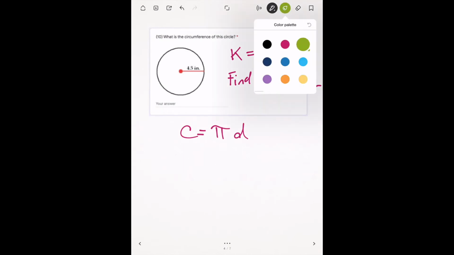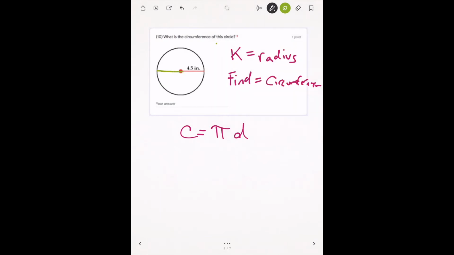The diameter, once again, is the length all the way across. So if the radius is 4.5, double that to get the diameter. 4.5 doubled is 9. So to find the circumference, we do pi, 3.14, times the diameter, which is, in this case, 9.